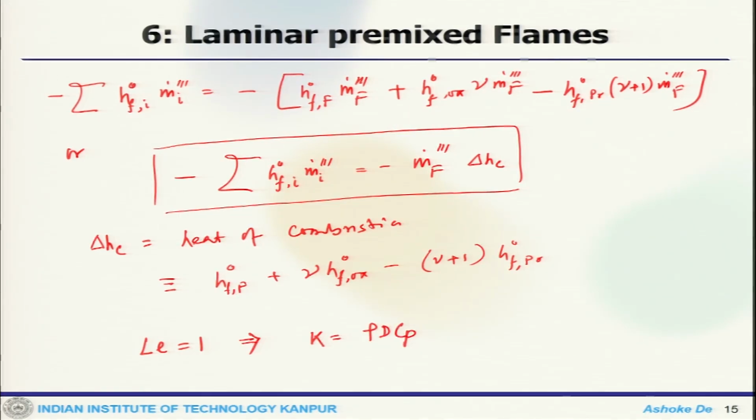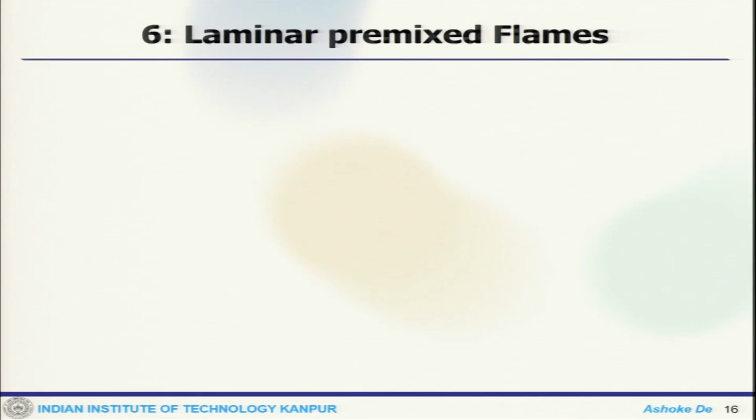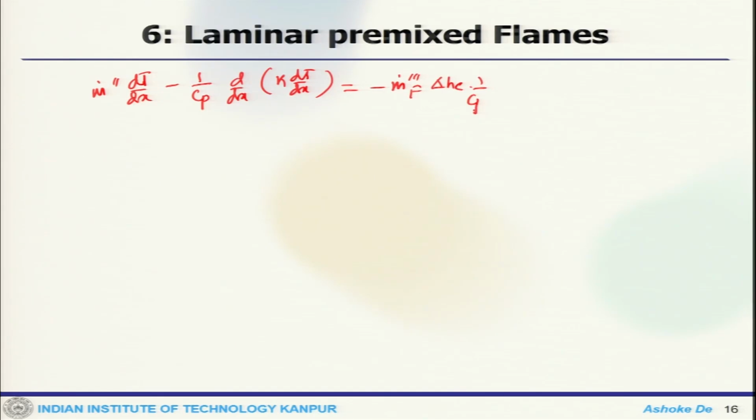So, using that we can rewrite this equation 6.7a, and what one can write now is m dot dT/dx minus 1 by Cp d/dx of kappa dT/dx equals minus m dot triple dot f delta Hc times 1 by Cp.